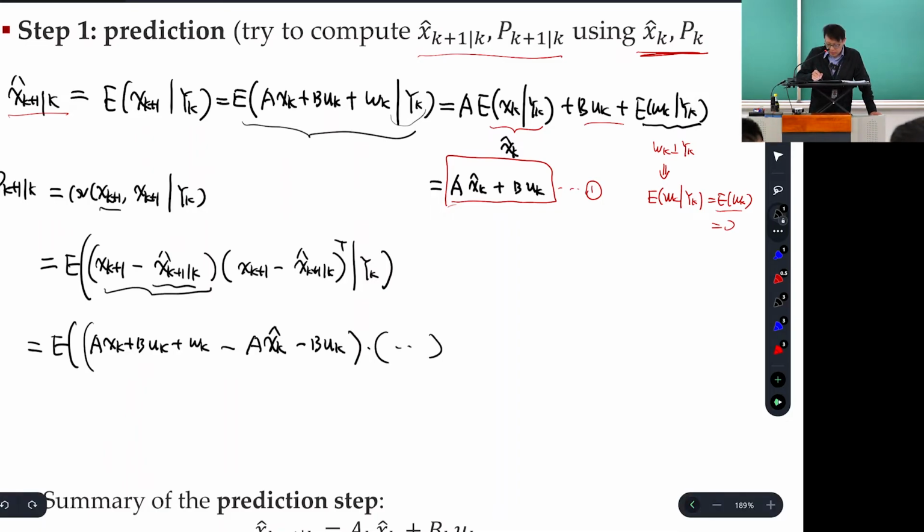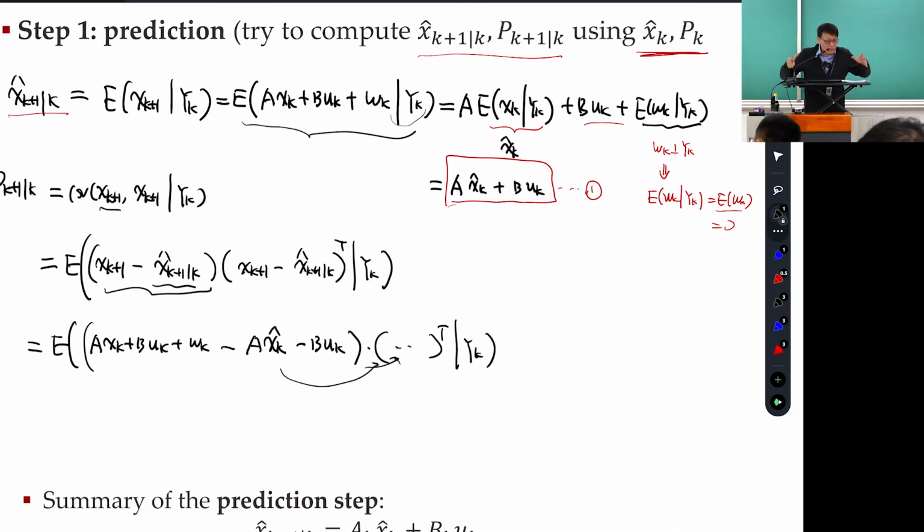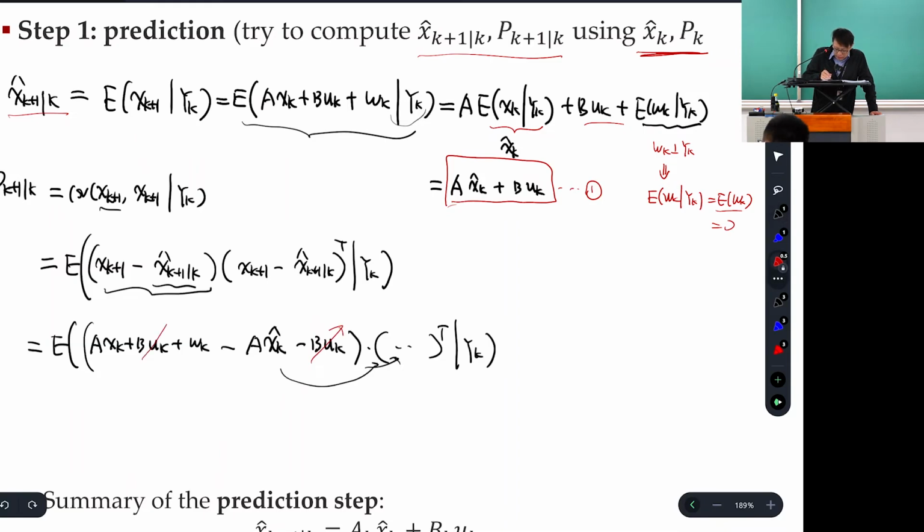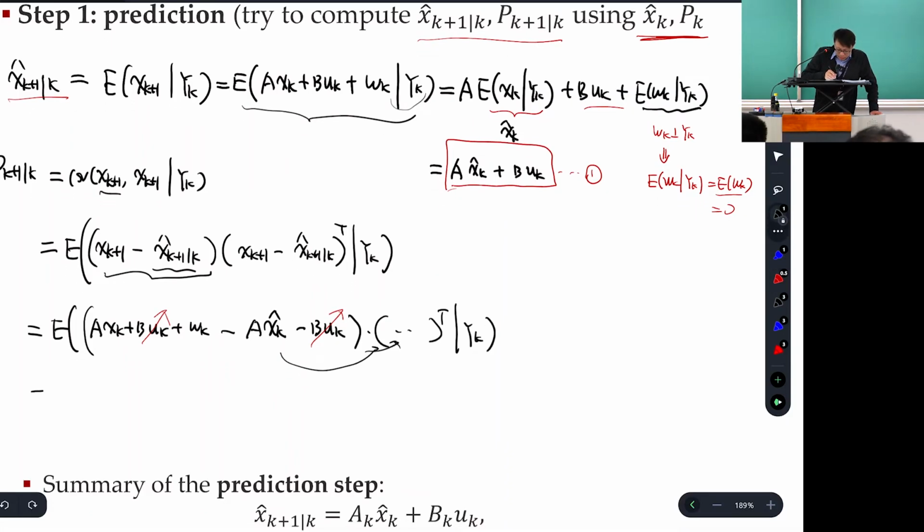Times this itself, transposed, right? Then, of course, everything is given. Given is given, right? It's happened already. So overall, this gets cancelled, and that's why U doesn't matter, right? That much at least.